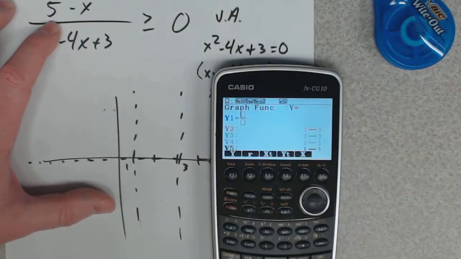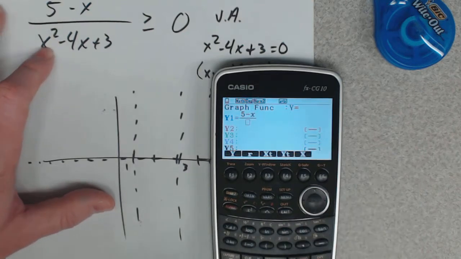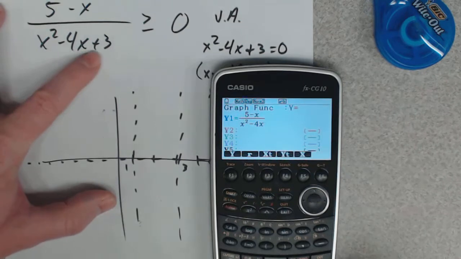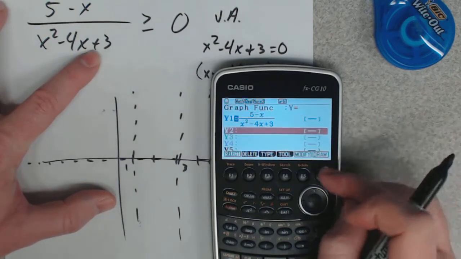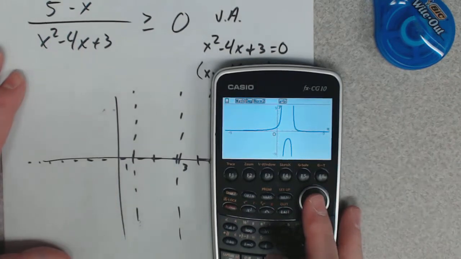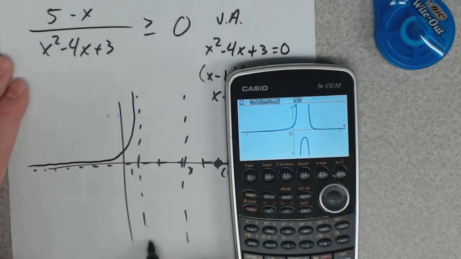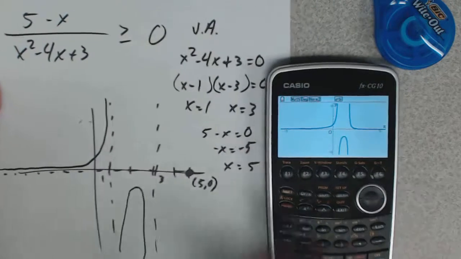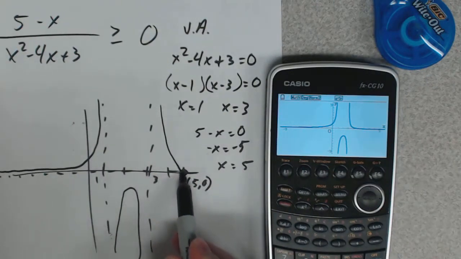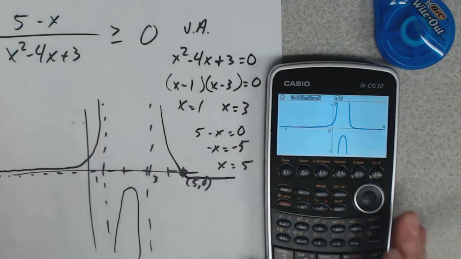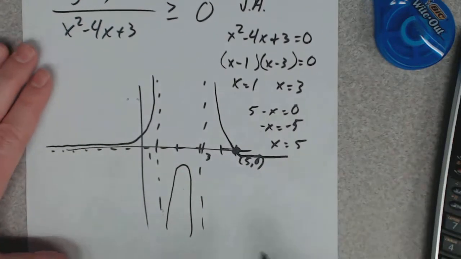So we have 5 minus x over x squared minus 4x plus 3. It's interesting. It follows this, shoots up, has a little u on the bottom, follows down this way, goes through the x-intercept and then follows the horizontal asymptote.